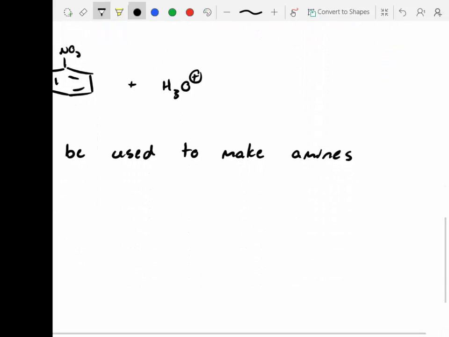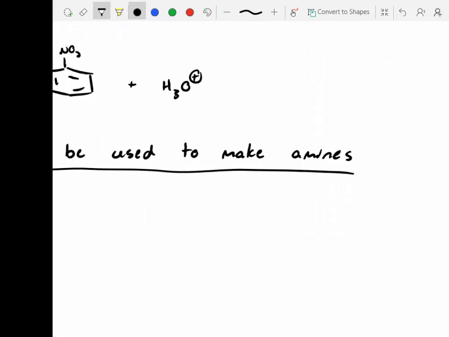So if we take nitrobenzene, we can convert this into an amine. And what's this compound called on the right?